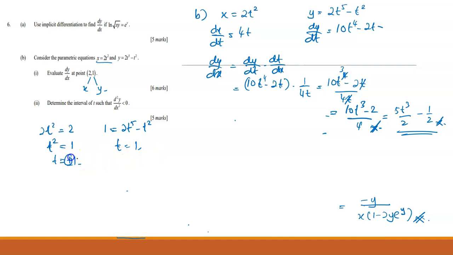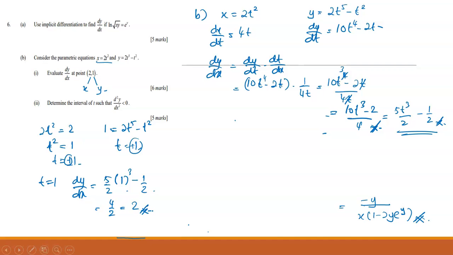So we have the common value of positive 1. So when t equals 1, dy/dx equals 5 over 2 times 1 cubed minus 1 over 2.